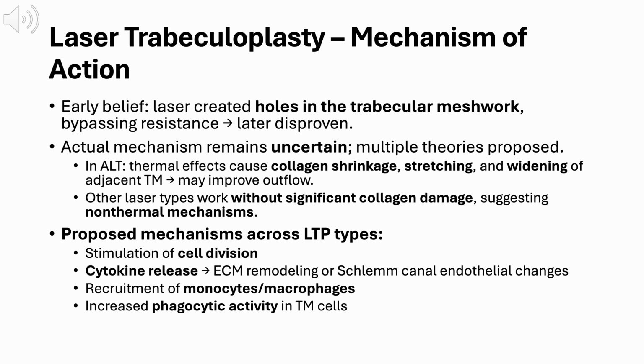Building on that discussion of how laser trabeculoplasty works, the next question is when we should use it. LTP is effective at lowering pressure in open-angle glaucoma and in ocular hypertension, and its role has shifted over time. It was traditionally reserved for patients who had already failed maximal medical therapy, but evidence now shows it performs better when introduced earlier in the disease course.